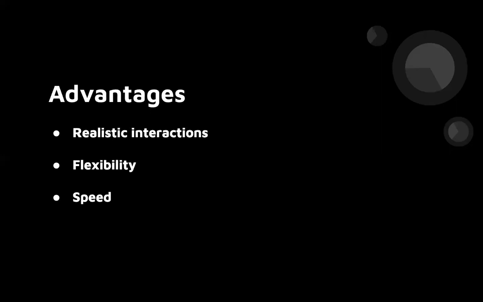So the second advantage is flexibility. Flexibility is more or less that you are able to test quickly, or test very early. You can start with low fidelity prototypes, and then progress to more advanced prototypes within your design.